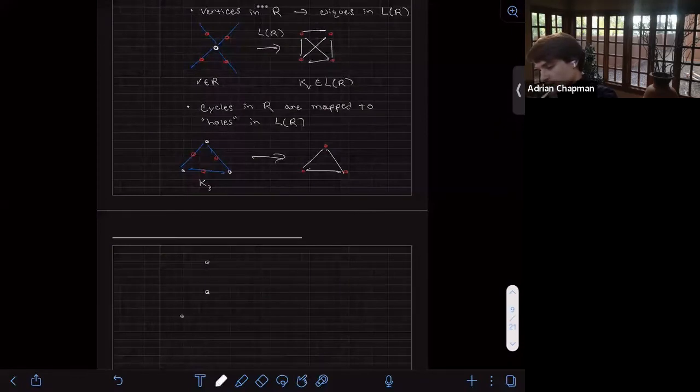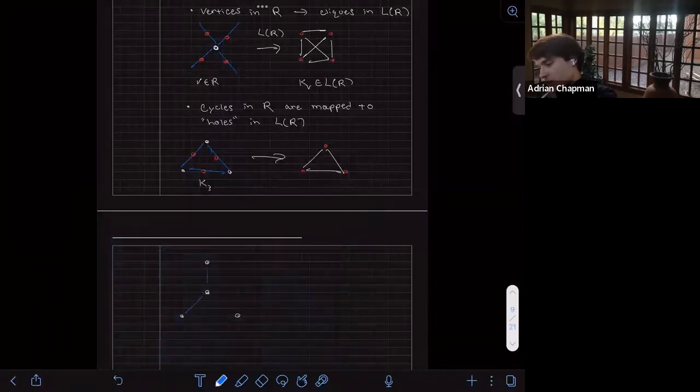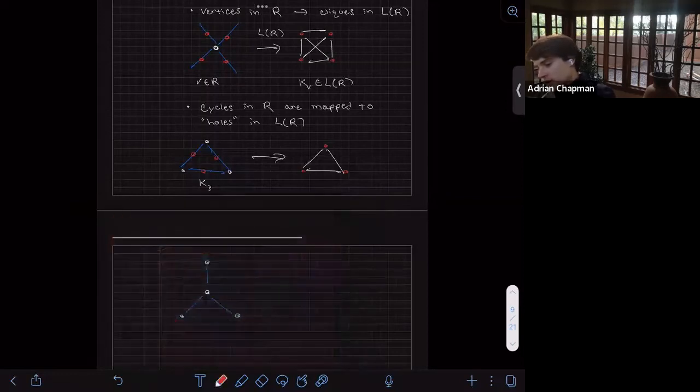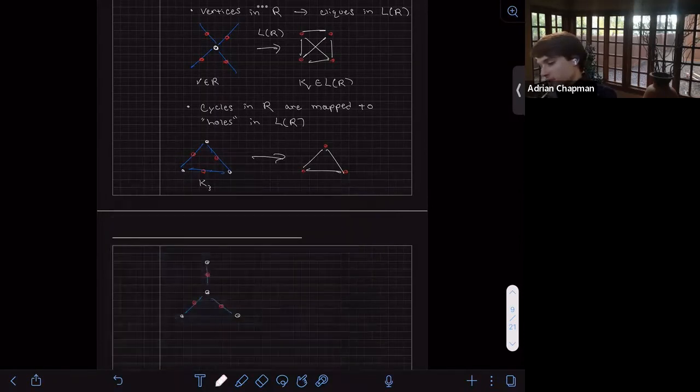We can also arrive at this same graph, the K3 graph, via a line graph mapping on three edges incident to a single vertex. So this also maps to K3.